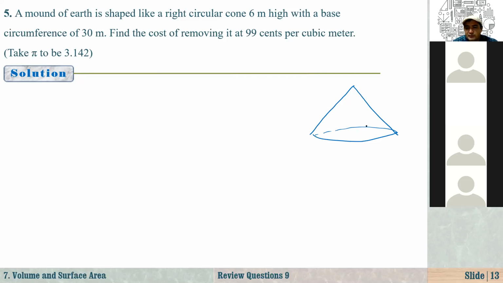The truck empties this on the ground, and it shapes like a cone. The height of the cone is 6. The circumference of the base is 30 meters. Now you have to carry this somewhere else, and you employ some workers who charge 99 cents per cubic meter. So how much do you have to pay? What will be the labor fee for this?